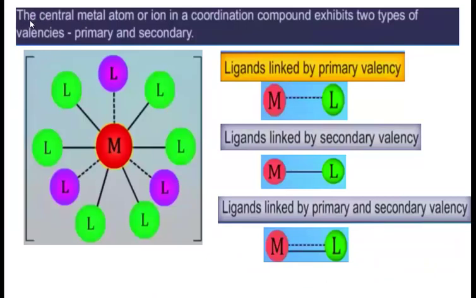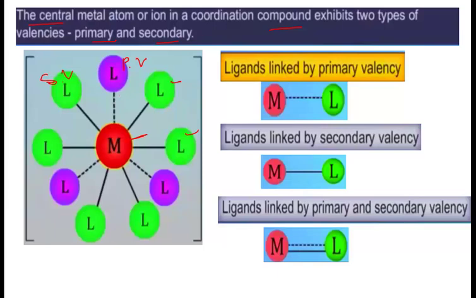As per the first postulate, the central metal atom or ion in the coordination compound exhibits two types of valencies, primary and secondary. This is a general coordination compound in which the central atom is M and the ligands are attached. You can see two colors of ligands: the greenish ones represent the secondary valencies, whereas the bluish ones represent the primary valency.